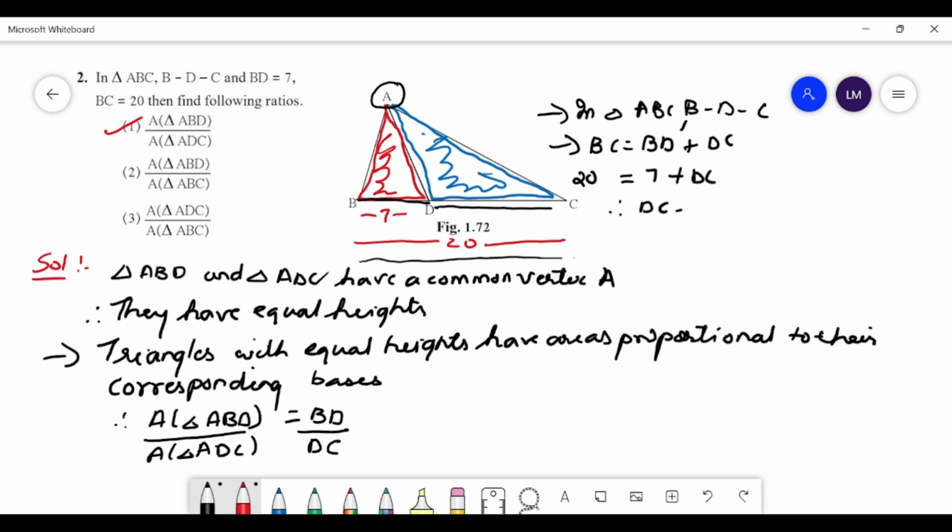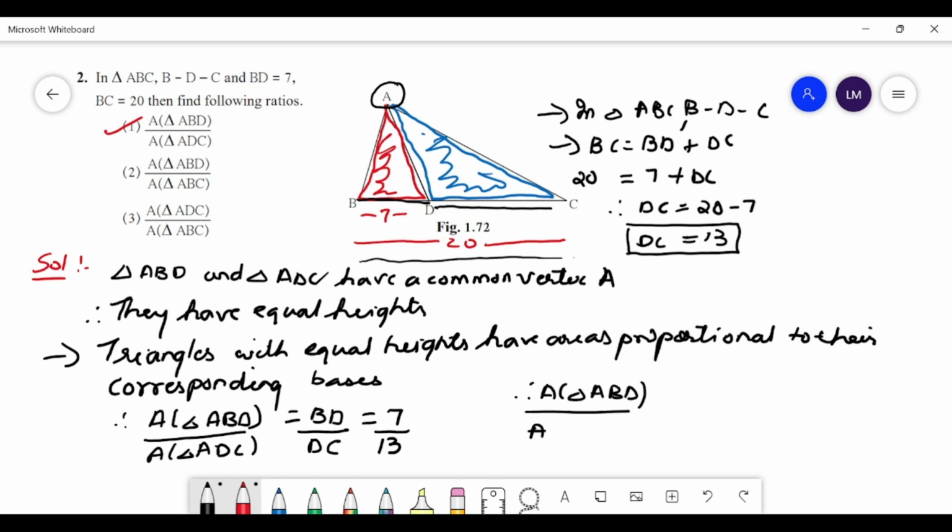Therefore, DC will be equal to 20 minus 7, that is equal to 13. So the value for DC is equal to 13. Now we will substitute the values. So the value of BD is 7 and the value for DC is 13. So our final answer is area of triangle ABD upon area of triangle ADC is equal to 7 upon 13.